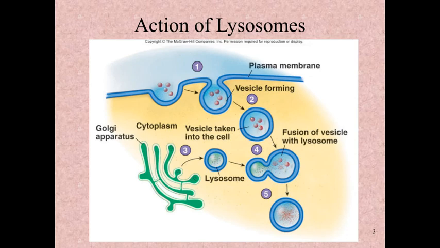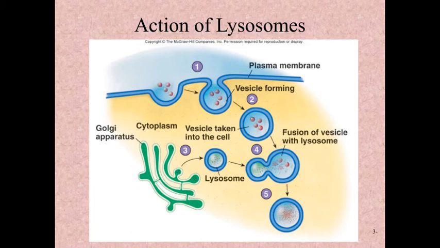One of the things that the Golgi may make are structures called lysosomes, and these are actually another type of organelle of sorts. And these lysosomes, their role is to actually digest structures within the cell. So here you see a lysosome. It's basically a vesicle that contains digestive enzymes.